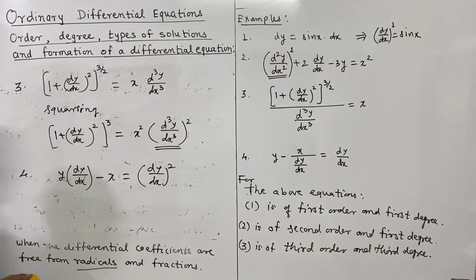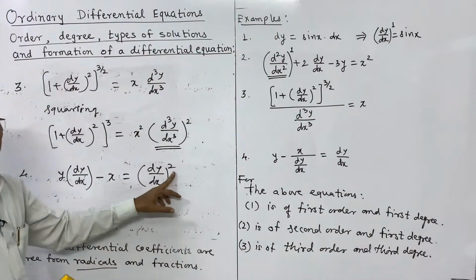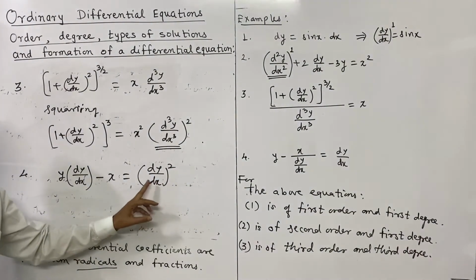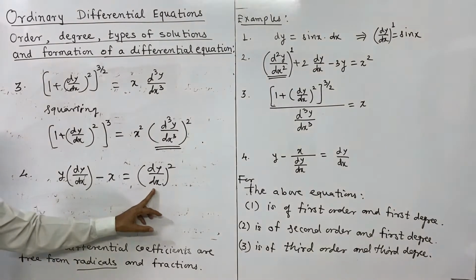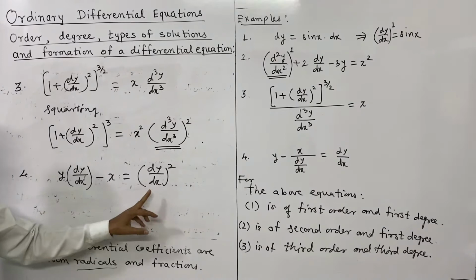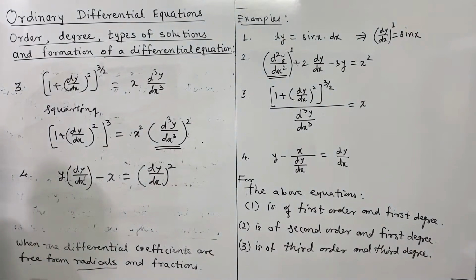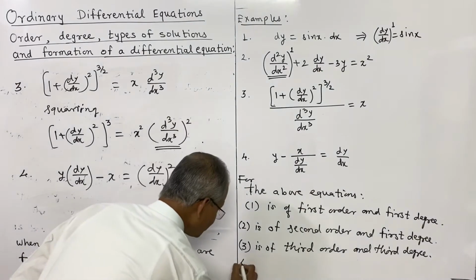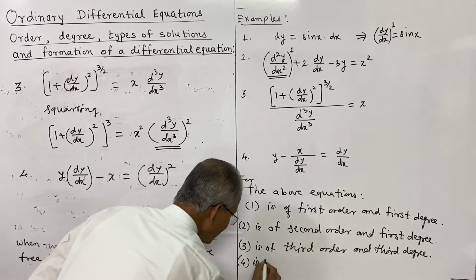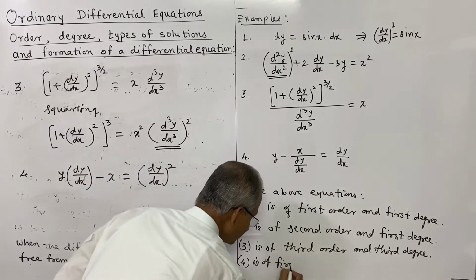Whether first or second? See, it is dy by dx square, but the order of the derivative is only first. It is a square of the first order derivative, and therefore first order is the highest order. And the fourth equation is of first order.